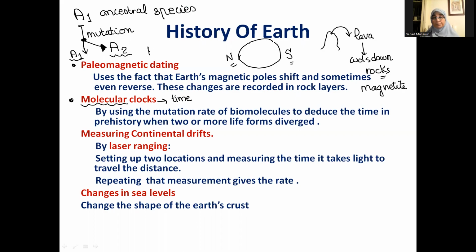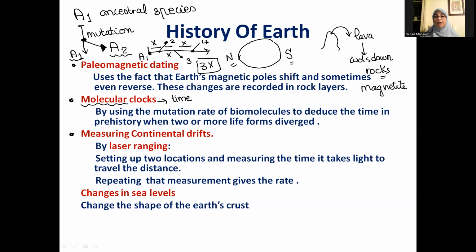For example, along history there was an ancestor A1, and then we had a mutation resulting in a new species 2, and then another mutation resulting in a new species 3, and then a fourth mutation. If we know that every mutation takes X time to develop, then in order to reach species 4 from species 1, we needed time equal to 3X. Of course, this is an oversimplification, but it just indicates how scientists use molecular clocks.